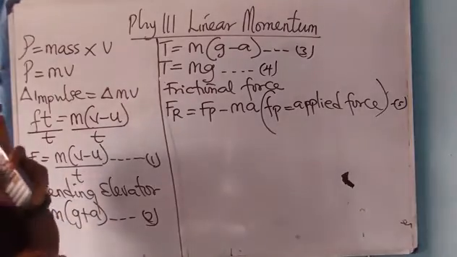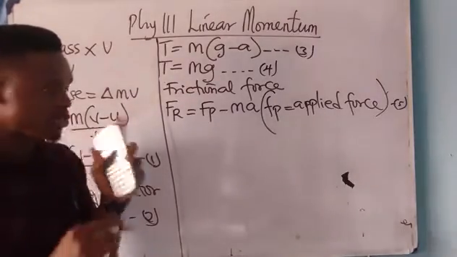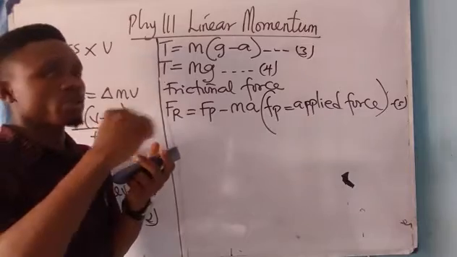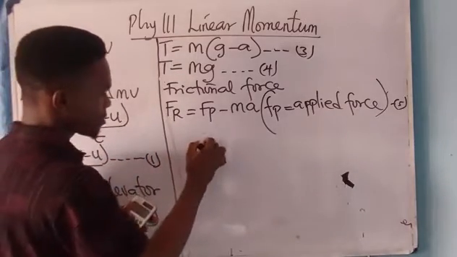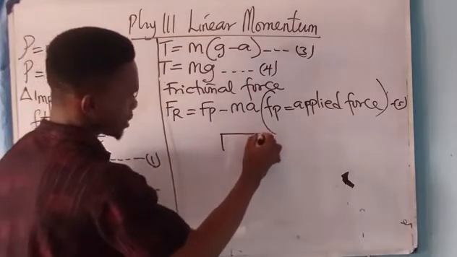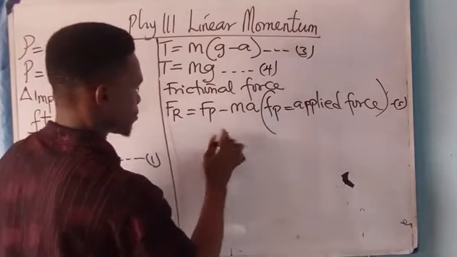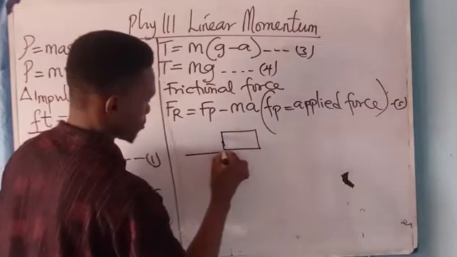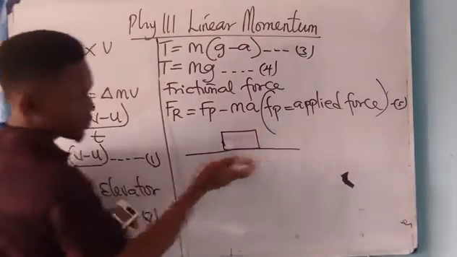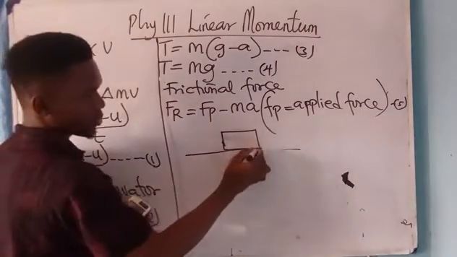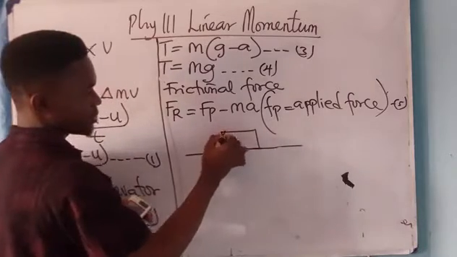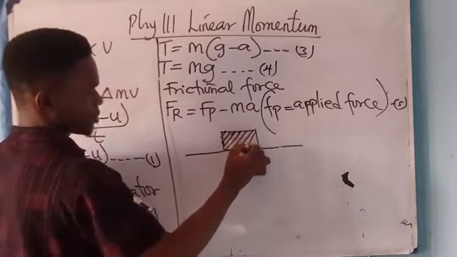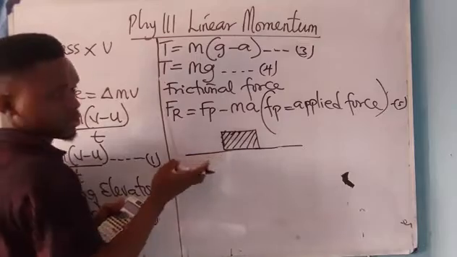Now, also take note of something. When an object is just laid on a horizontal surface, if I have an object like this, this line is a horizontal line, and this is a mass I just found resting on the plane.